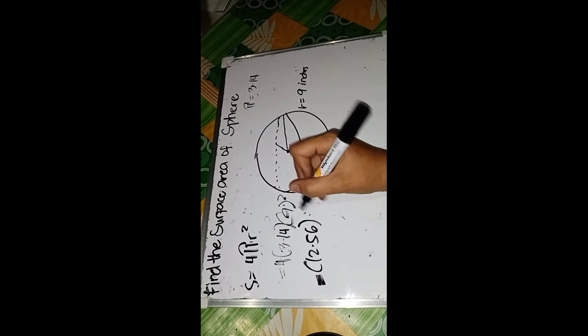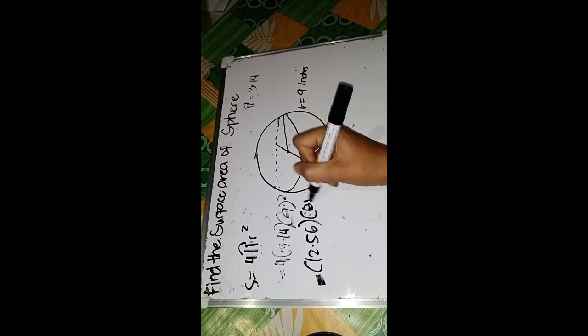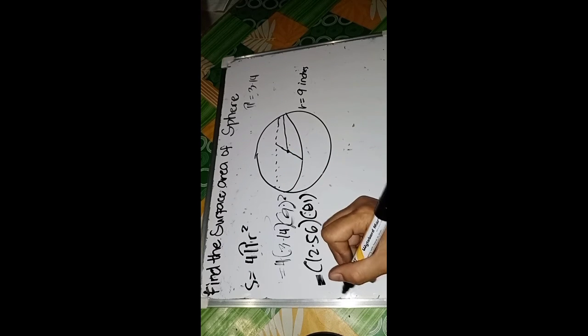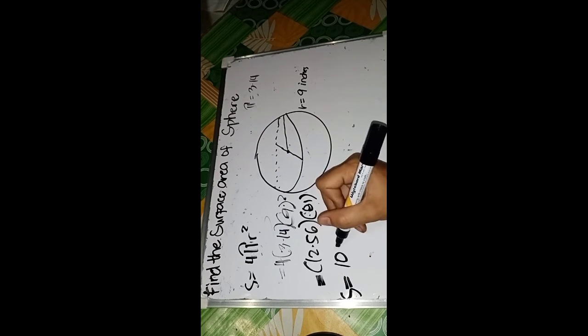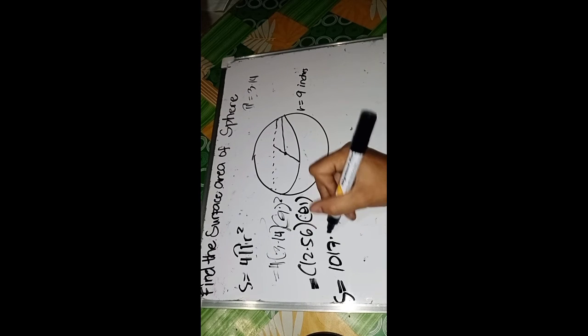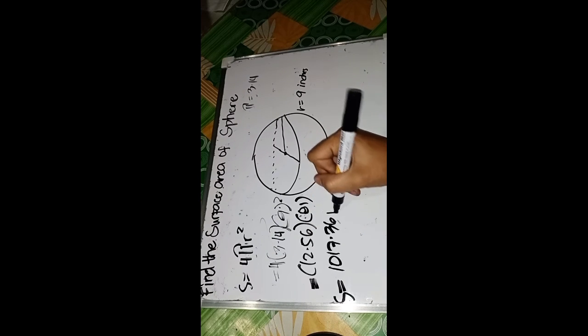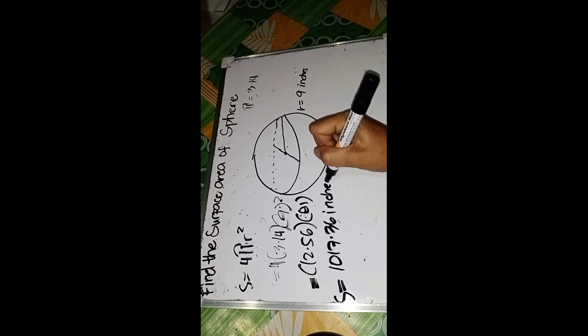So 9 times 9 is 81. So the surface area of the sphere is 1017.36 inches squared.